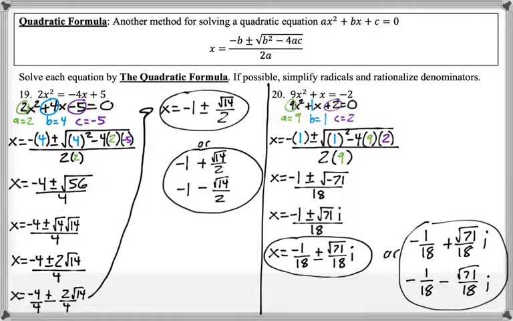And if you wanted to write your answer as two separate answers, this is what it would look like.